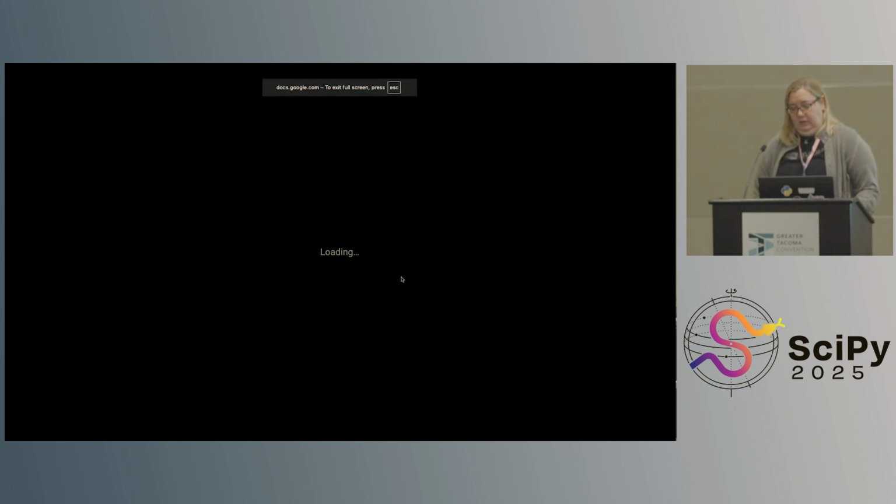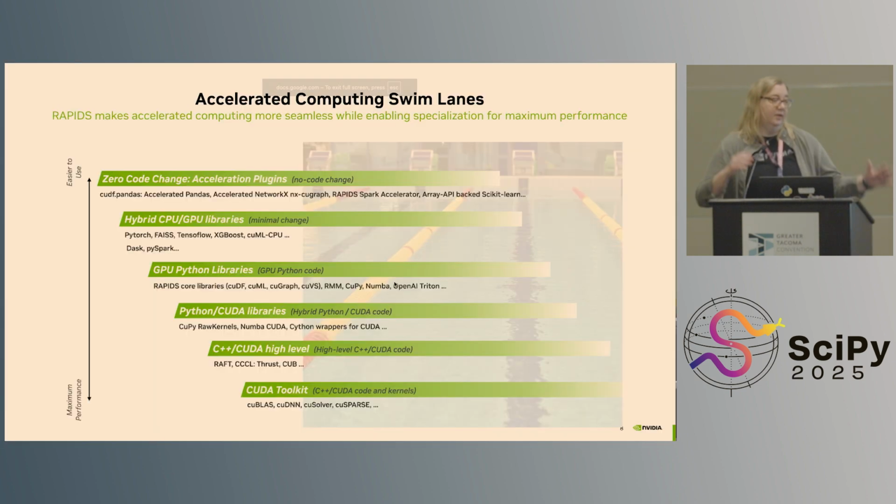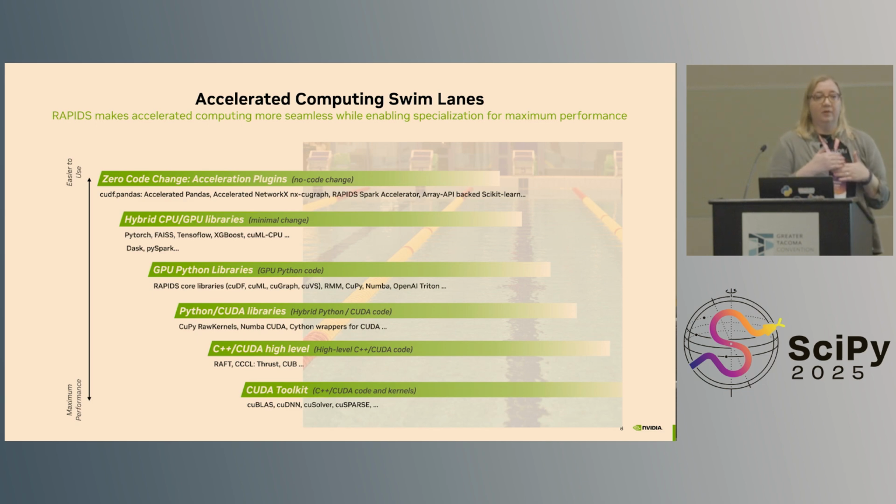Okay, awesome. So we have several different strategies that we use from the Python side on how we're going to interact with CUDA. At the top, the first swim lane is the zero code change acceleration plugins. These are the ones that you're not even really aware of. Things like cudf.pandas, for example, overload the import system, and if it has cuDF available to it, it'll dispatch there.